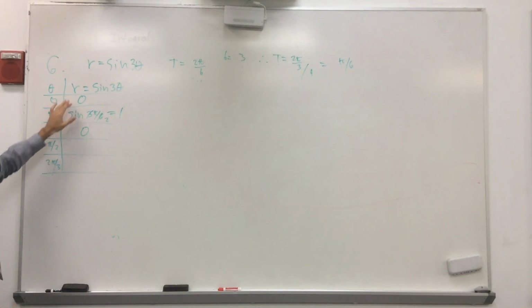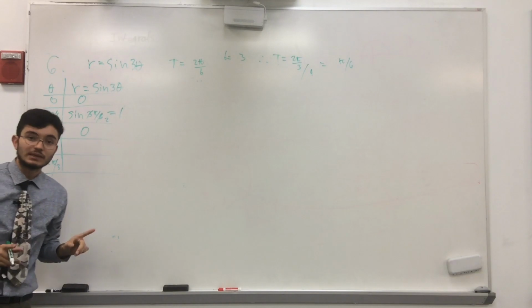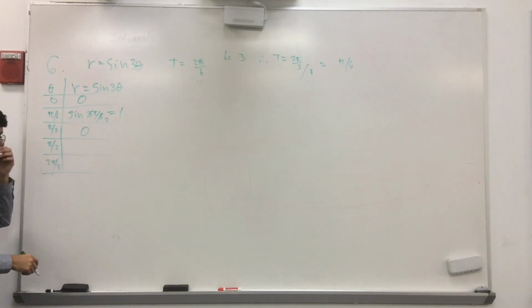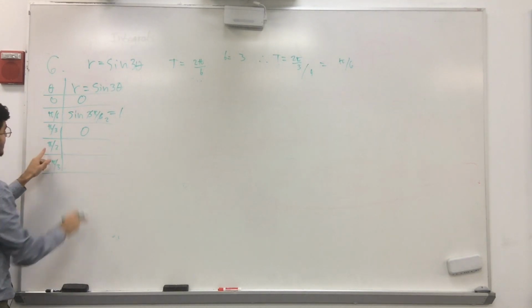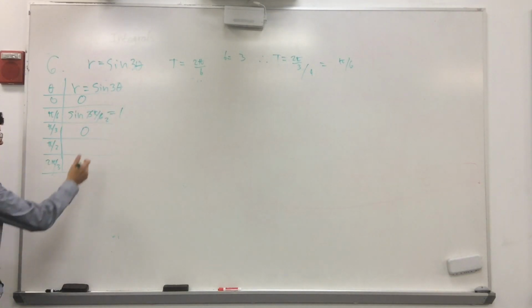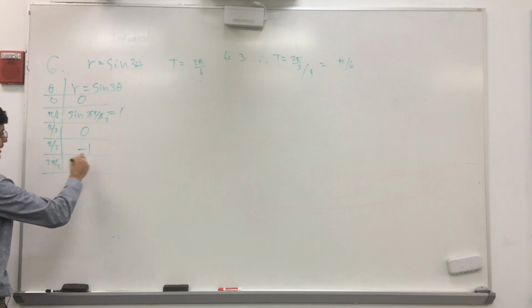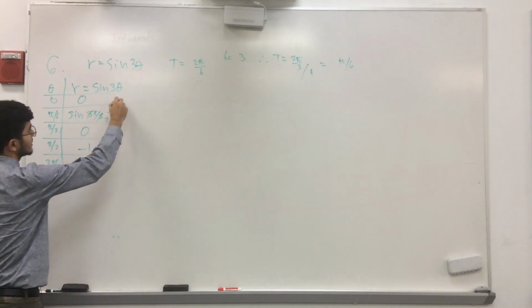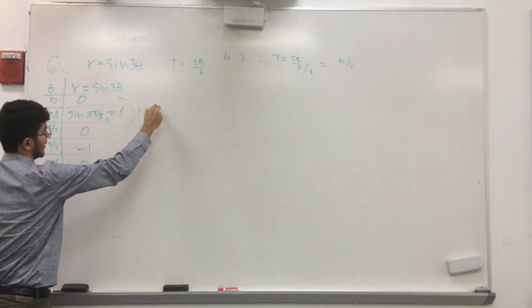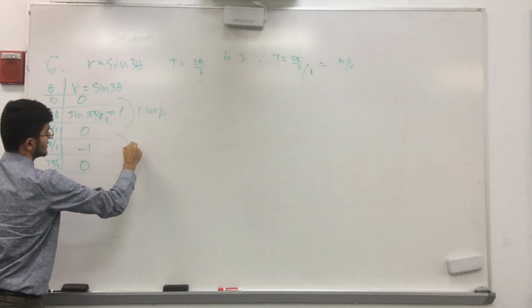Look at that, 0 and 0. That's probably one loop, but let's keep going to see what happens. Sin of 3π over 2 is negative 1, and sin of 2π over 3 should be 0 again. So this over here seems to be one loop, and this over here seems to be the second loop.